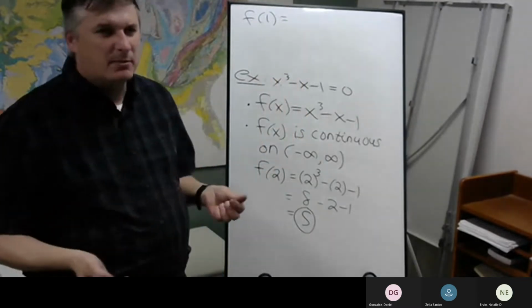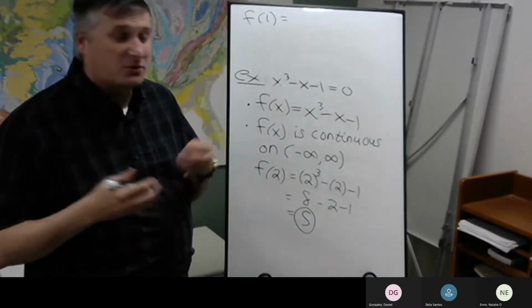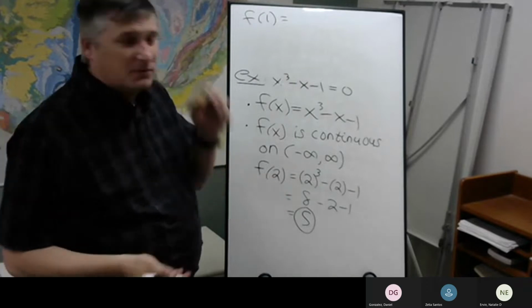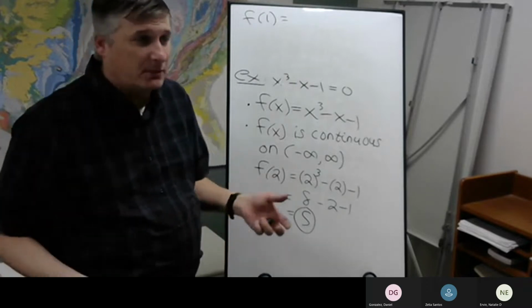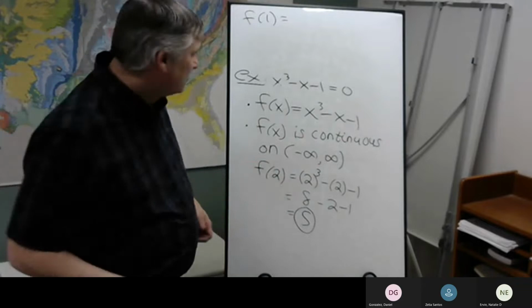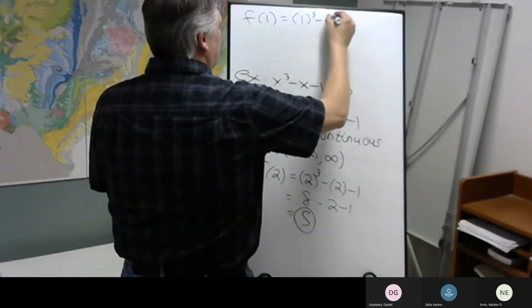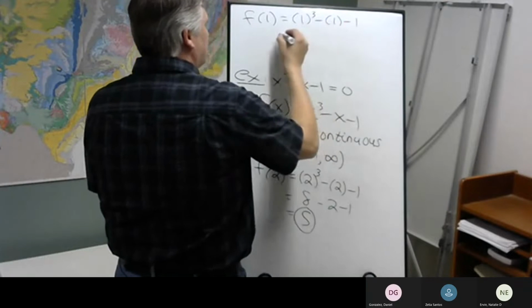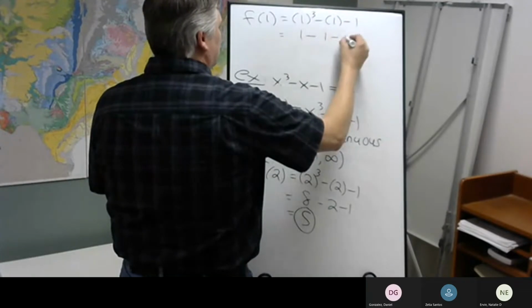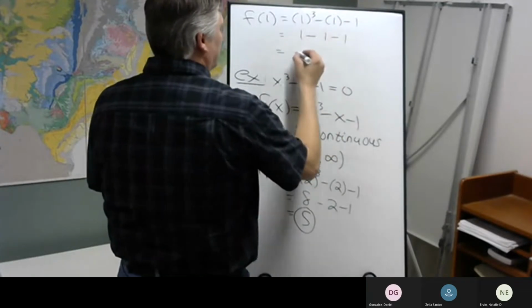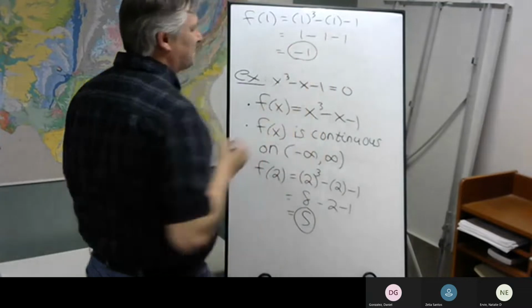And you might come up with these numbers if you're graphing, you're already going to know the answer. So say these are numbers you're just guessing. Let's say we guess x equals 1. So if x is 1, what happens? We get 1 cubed minus 1 minus 1. We're going to get -1.